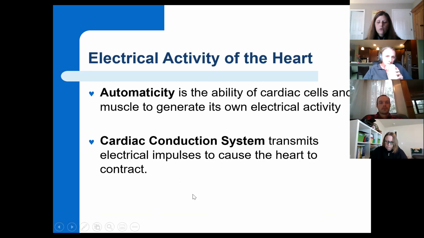They are able to generate their own electrical activity. Okay? Now, when we look at an EKG, the EKG shows us the action potential that's produced by the cells of the myocardium. Okay, again, this should be reviewed from your anatomy and physiology, but it's important that you understand that.